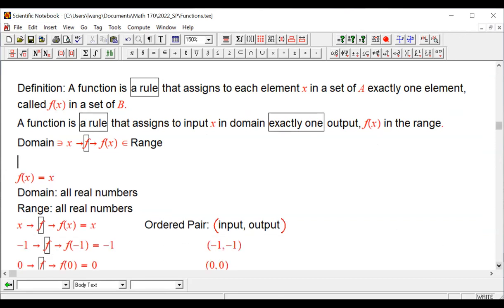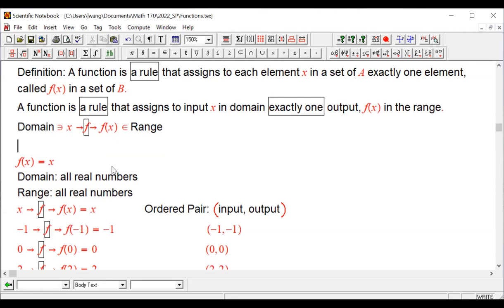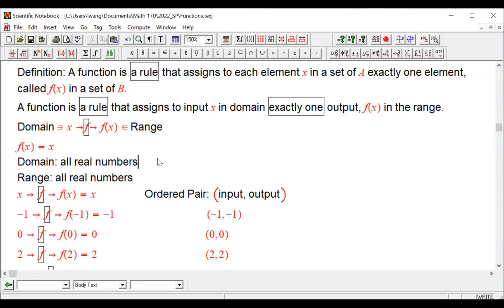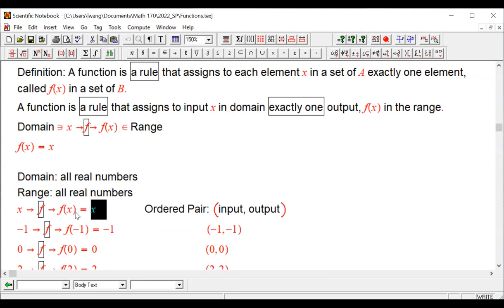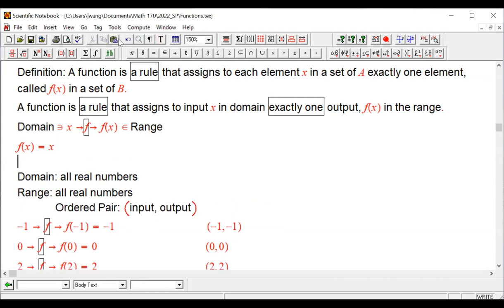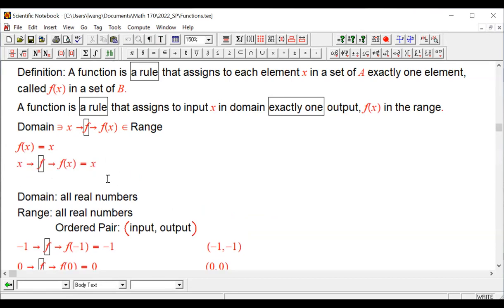This function is also very important. What is the rule of this function? The rule in this function basically says, for each input you give me, I'm not going to make any change.